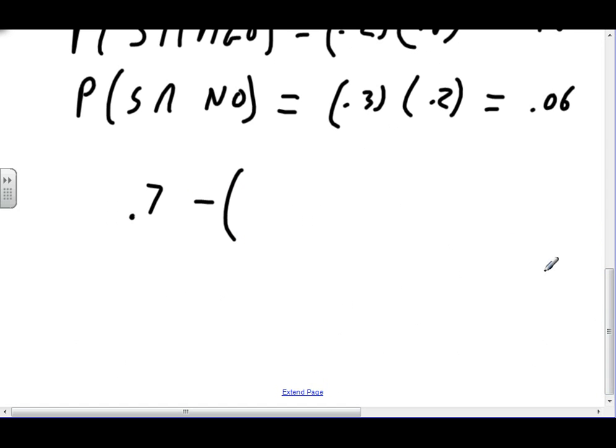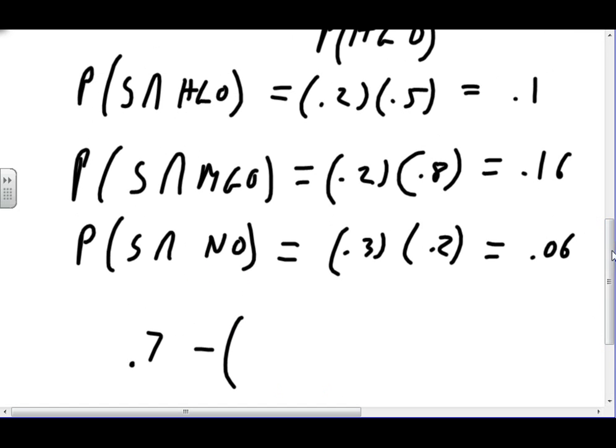We're going to subtract away these guys, the union of the soil and the other guy, 0.1, 0.16, 0.06. That's 0.38.